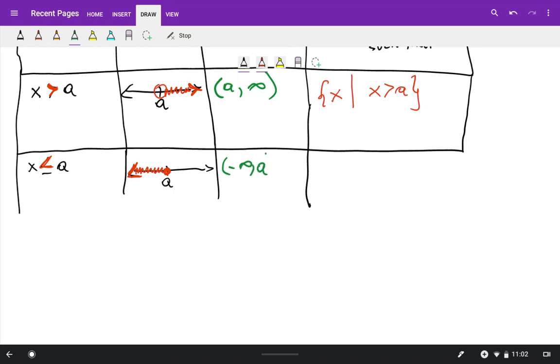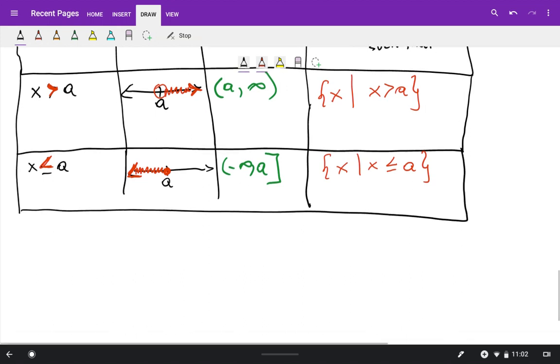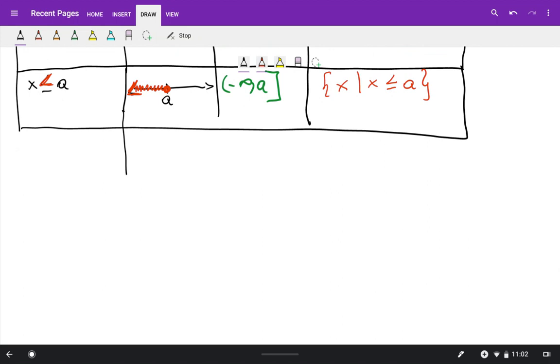And we're including a, so you keep a bracket. So when you include the number, you keep a bracket. And set builder notation, the solution set are all the x's such that, and you just copy your original inequality, x is less than or equal to a. Okay, moving on. So I'm showing you all the possibilities. I think that will help if you haven't seen inequalities for a long time.